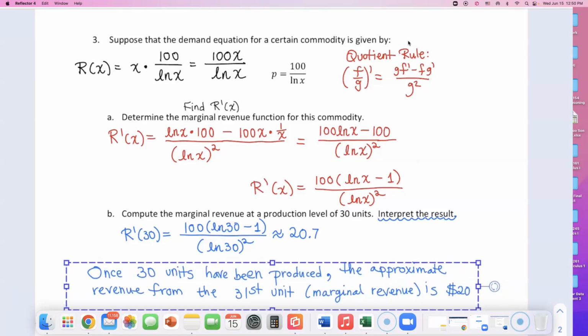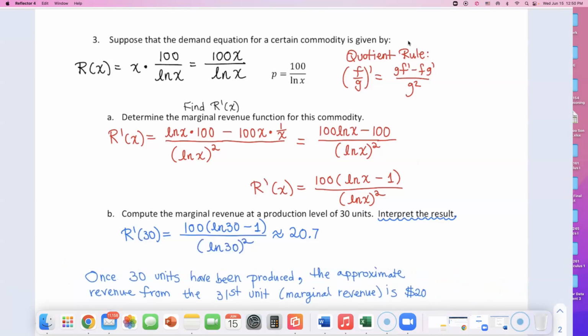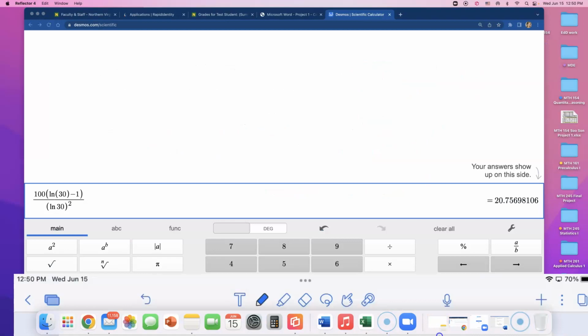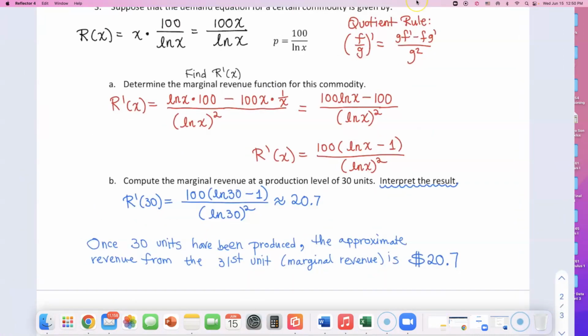Make this a little bit smaller, okay? $20 and 76 cents. $20.76. So that's how I would write the interpretation of the marginal revenue.